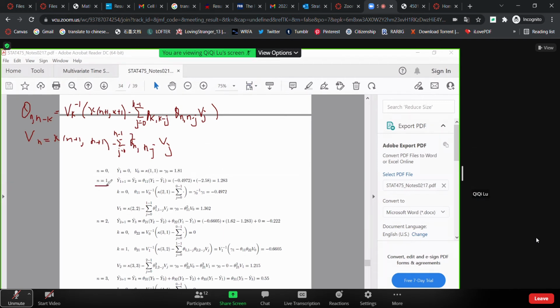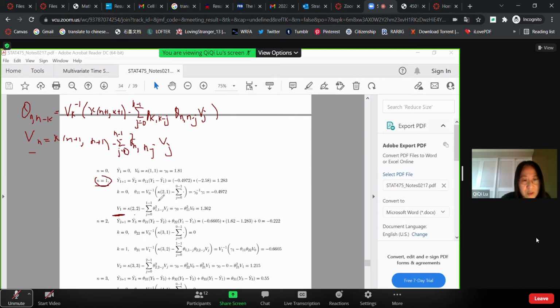So n equals 1 here. So we need to calculate this one, right? V1 here is kappa n plus 1, n plus 1. With n equals 1, that's 2 and 2. And minus the sum over j from 0 to n minus 1, so n is 1, so that's 0.